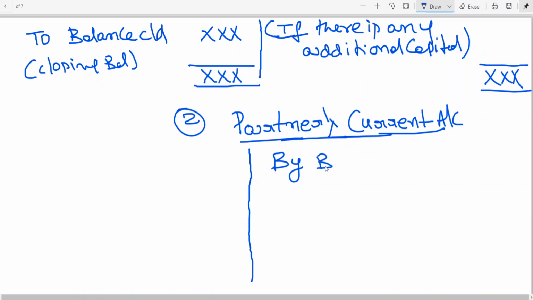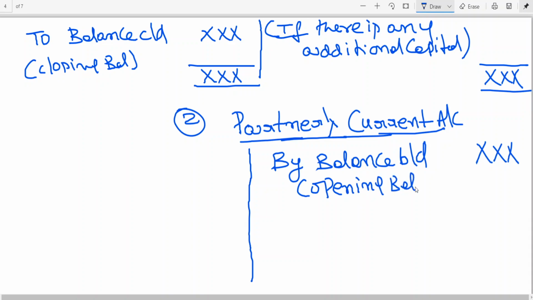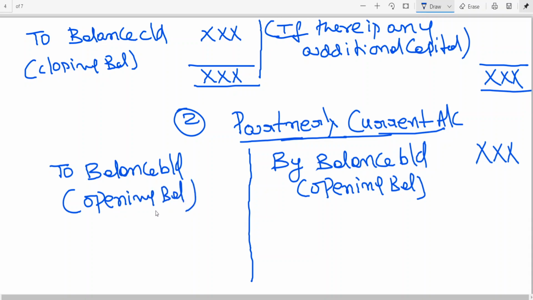By balance brought down, if at all any opening balance is there. And surprisingly, this current account you can expect as a true or false statement. To balance brought down, if any are debit, in simple words, opening balance.